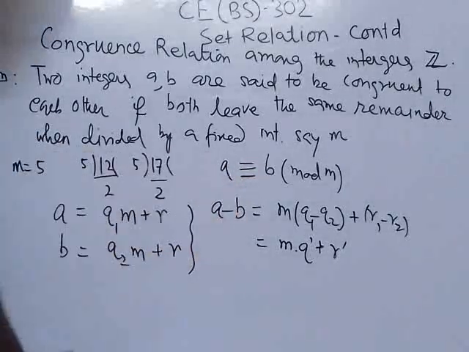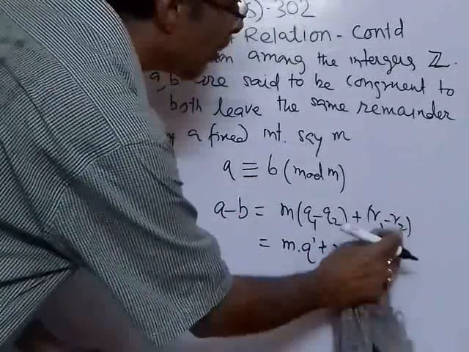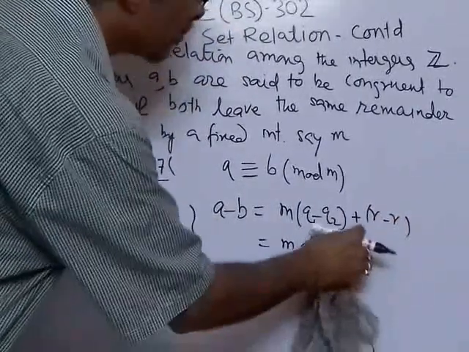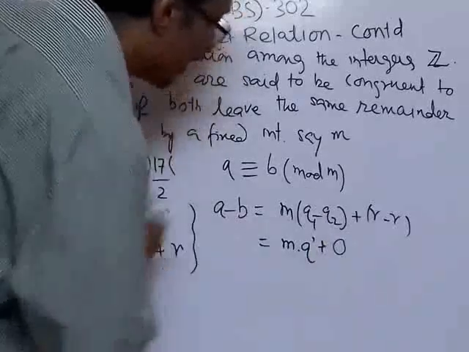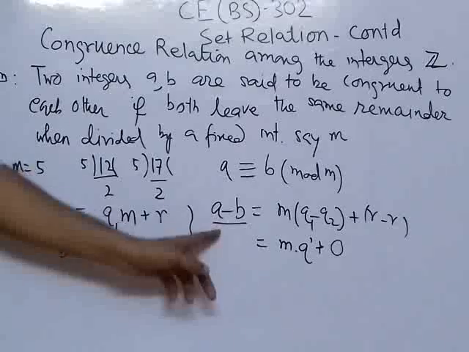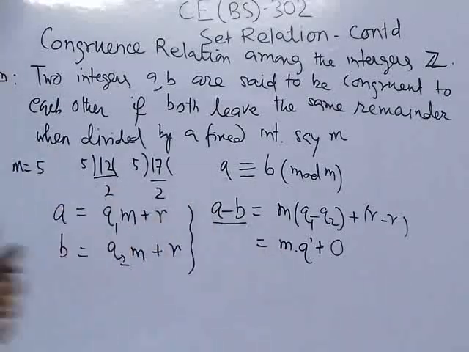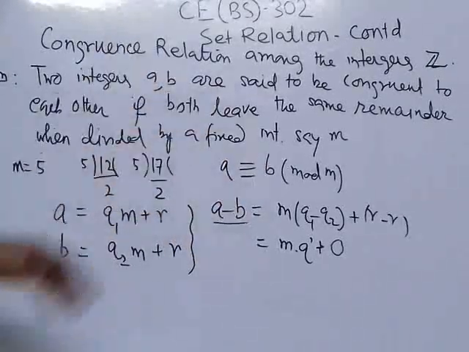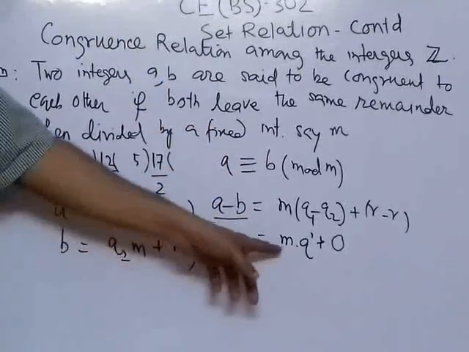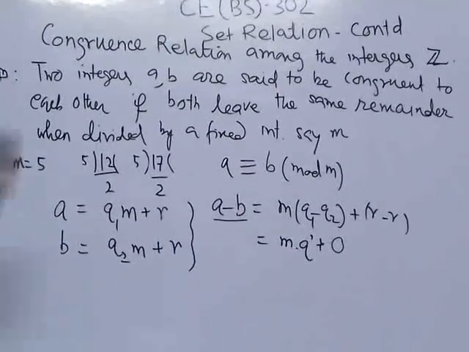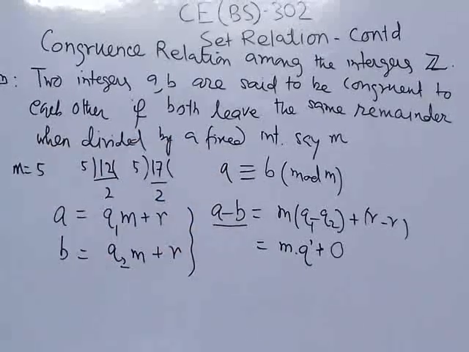Sorry, R1 and R2 are the same R, so R1 minus R1 should be 0, so R dash will simply be 0. That means a minus b, this new integer, is divisible by m. So it also comes out that whenever a is congruent to b, a minus b is divisible by m. Now we can show that this congruence relation among the integers is an equivalence relation.